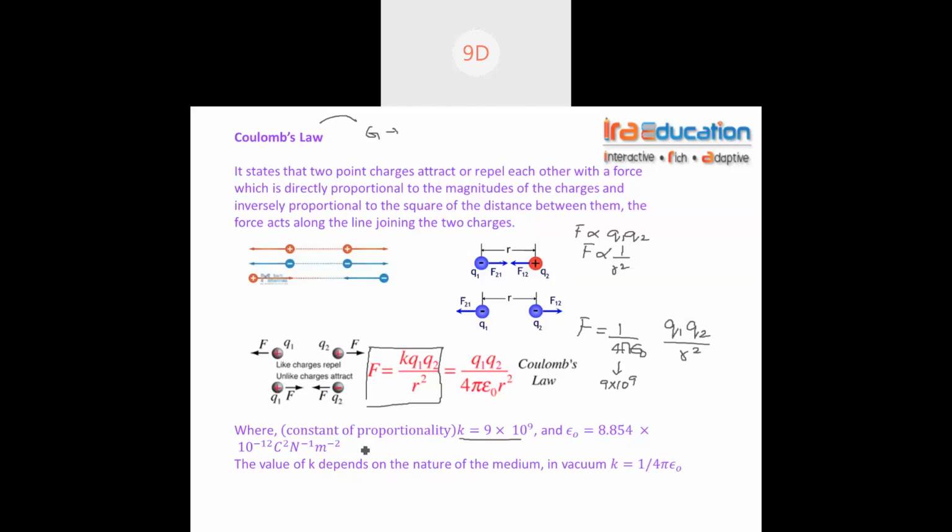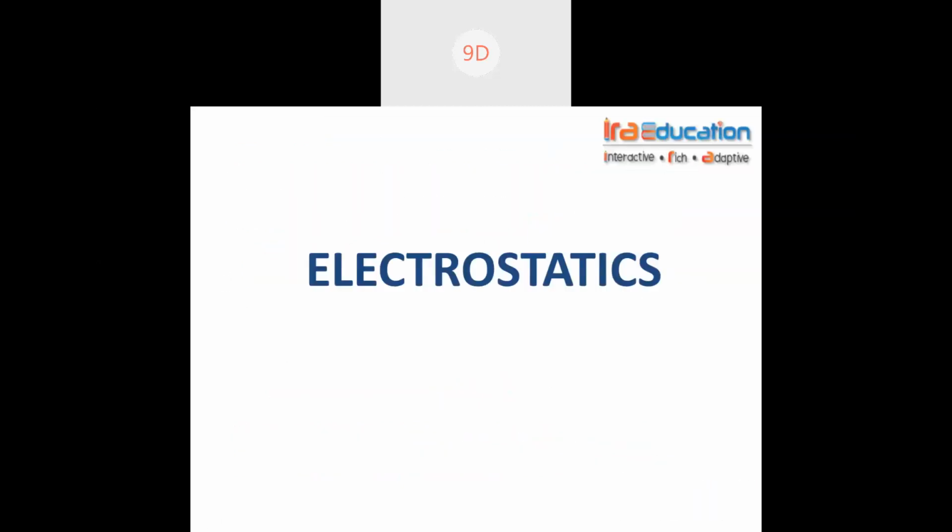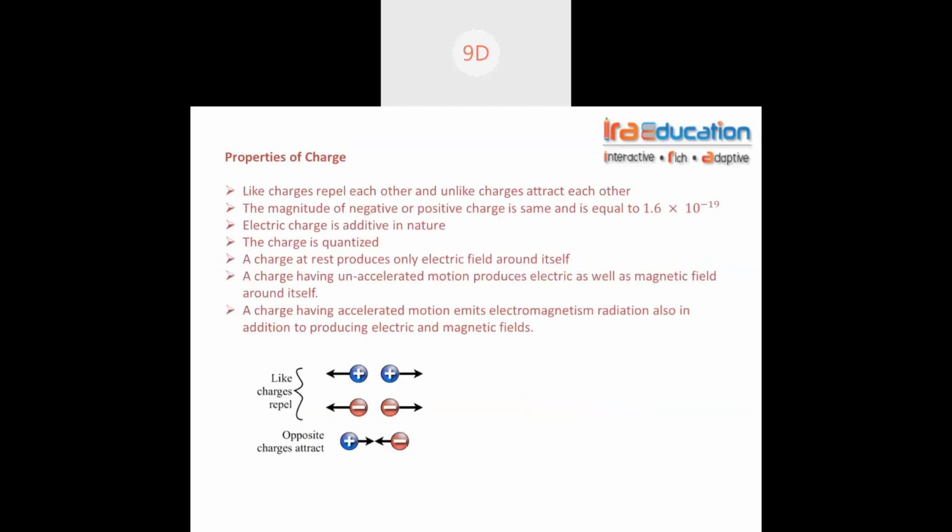Permittivity means allowance of, or ease of flow of, charge. If I have any charge at rest, I think we have discussed this. Yeah, here we have discussed, right, guys?